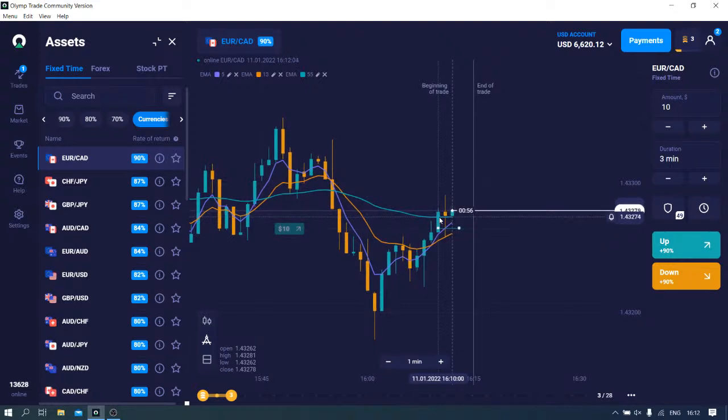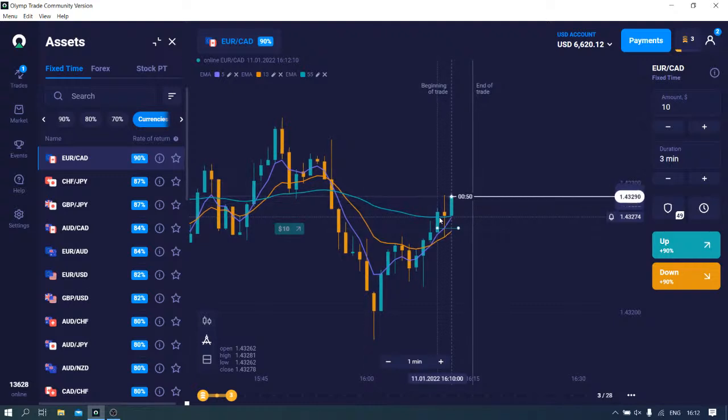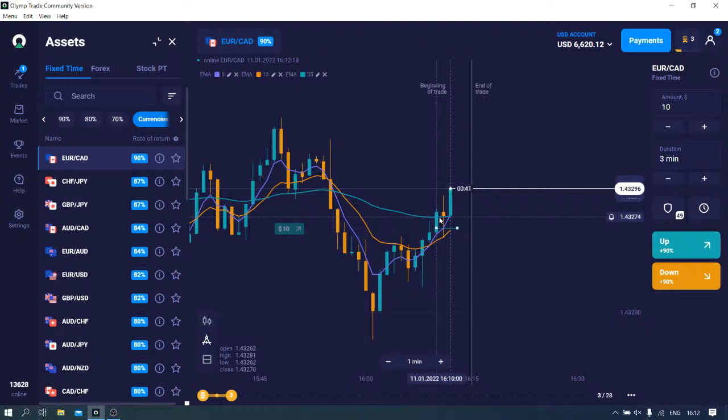If you prefer to see the result after a certain period of time, then just switch to FTT and start trading. We also have the stock trading mode. However, this is mostly made for big investments.